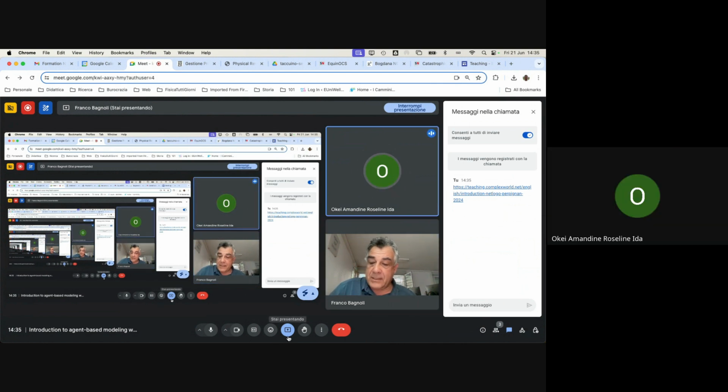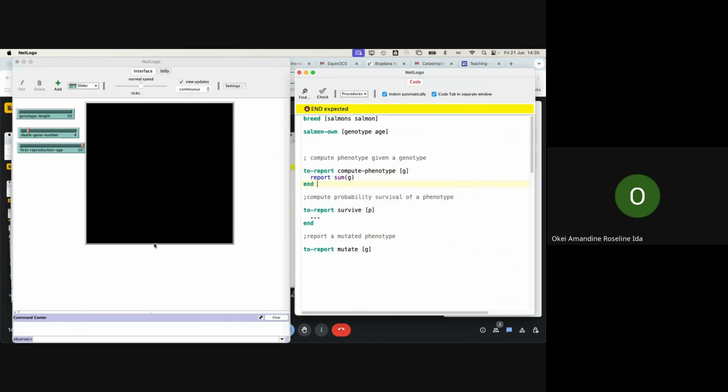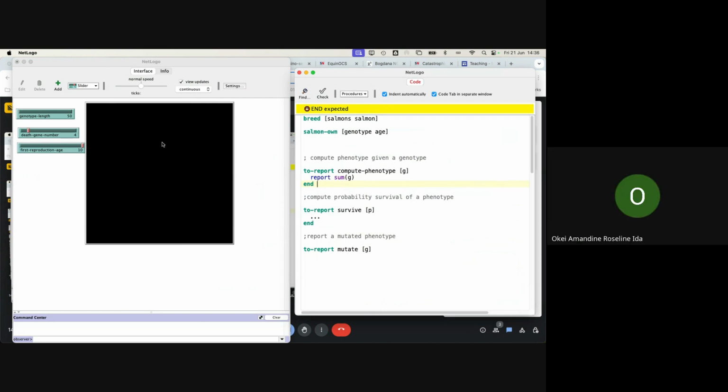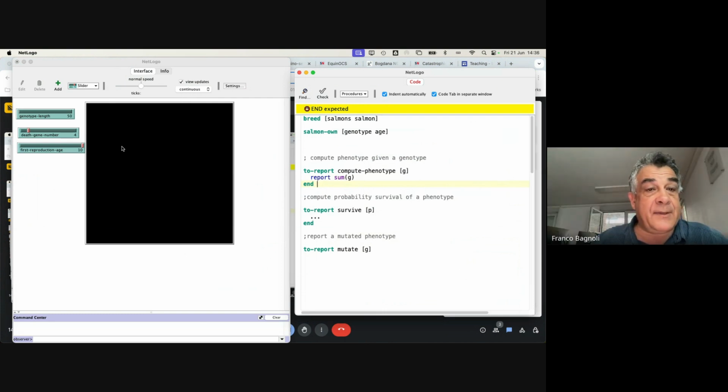Okay. So the idea is that NetLogo is a platform for simulating agents that, I don't know, move, interact, modify tasks. So for the moment, we are trying to develop a model in which you have a certain number of salmons. Then I shall show you.